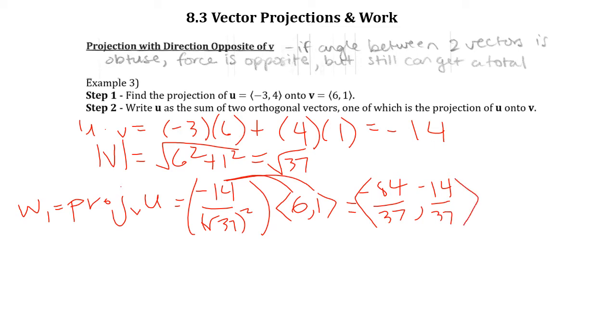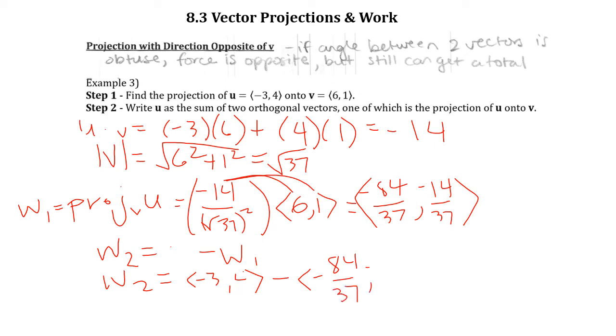Part B, or step 2, is to find the other vector, the complement to this. So W2 equals U minus W1, which we have been doing. So now I'm going to fill it in. U is negative 3, 4, and W1 is this ugly thing we have here, and I'm telling you right now, use your calculator for this.